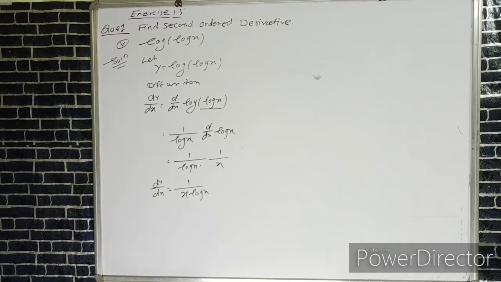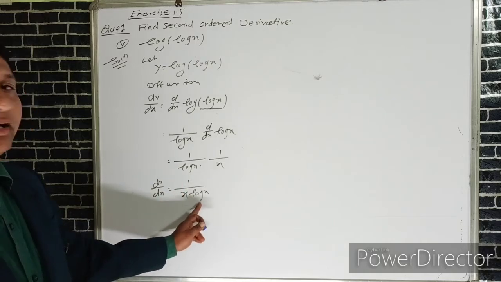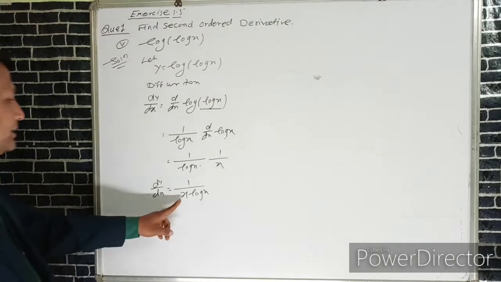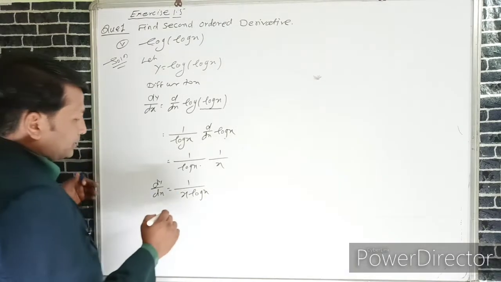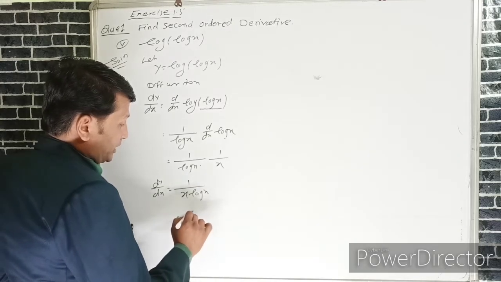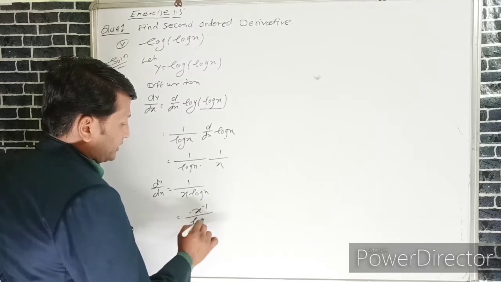Here we have to find the second order derivative, and the function dy by dx is equals to 1 upon x log x, which is the first order derivative. So again differentiate with respect to x. We can write x in the denominator as x raised to the power minus 1, so dy upon dx is x raised to the power minus 1 upon log of x.